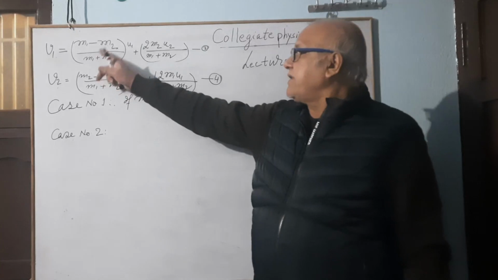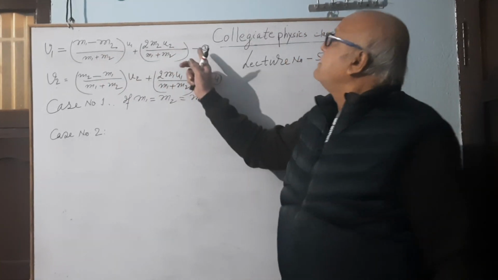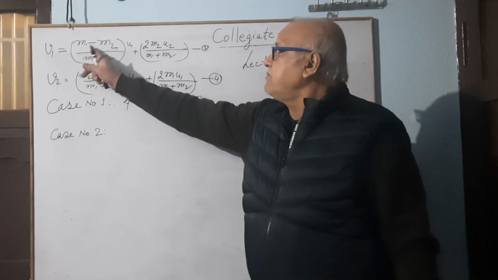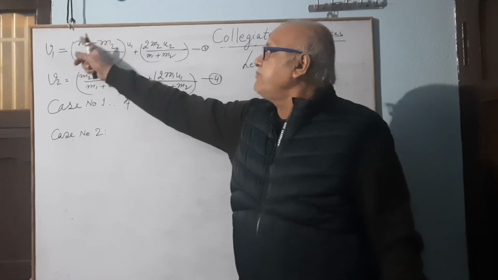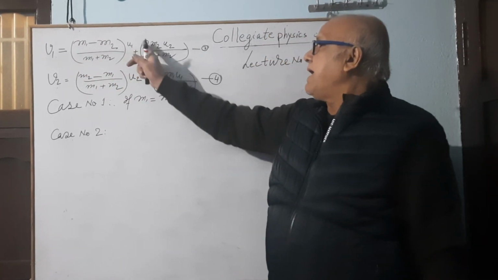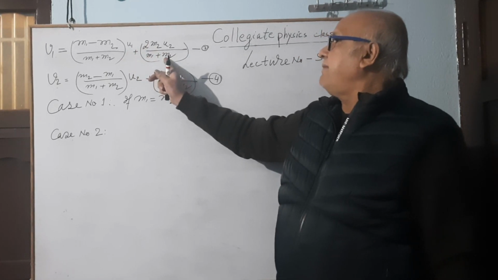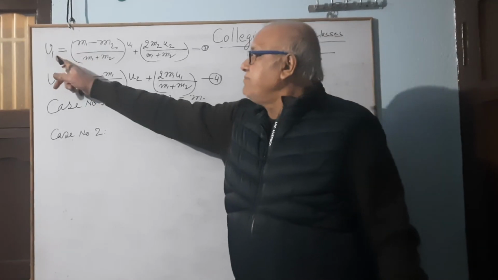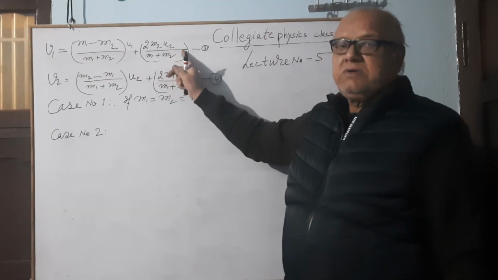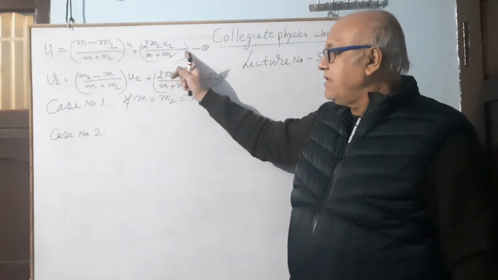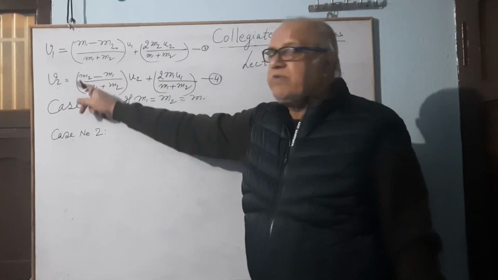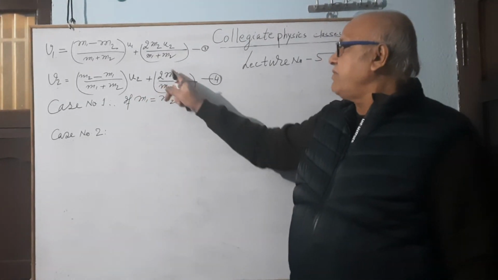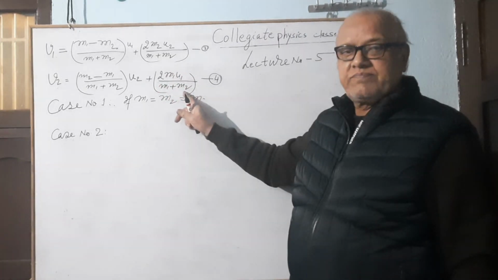In equations 2, 3 and 4, m1 is equal to m2. That is, this term will become 0 and this term will become u2. That is, v1 will be equal to u2. Similarly, this term will become 0 and this term will become u1.